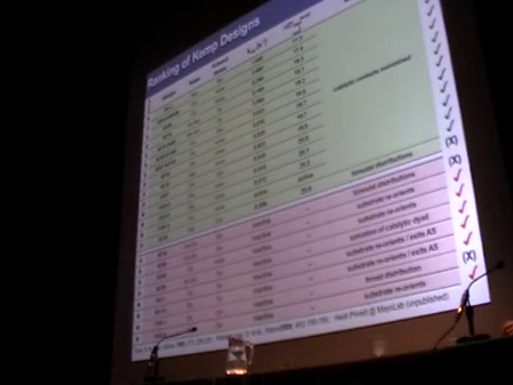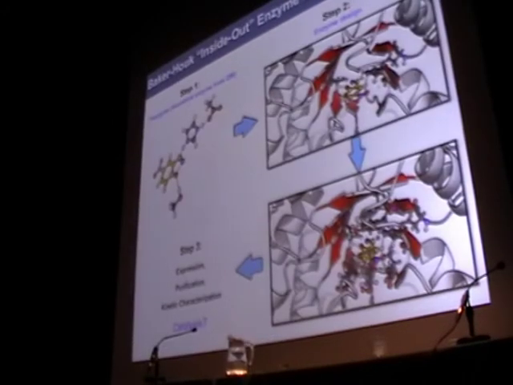So the scorecard is pretty good. The green checks mean that we correctly reproduced the fact that there is catalytic activity. This one we got wrong. And of the inactive ones, these red checks were correct. The X's were wrong. So in any case, the dynamics does do a reasonable job of evaluating whether these designs are going to be good catalysts or not.